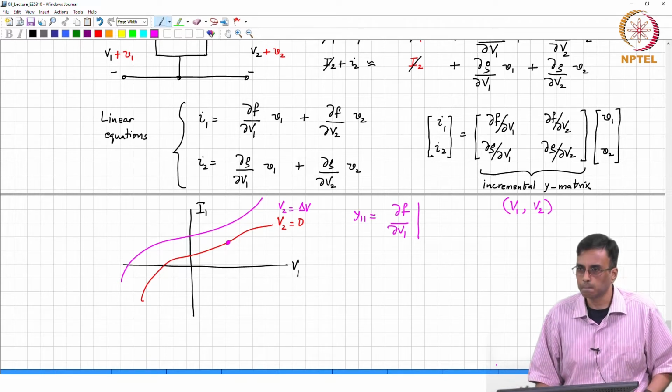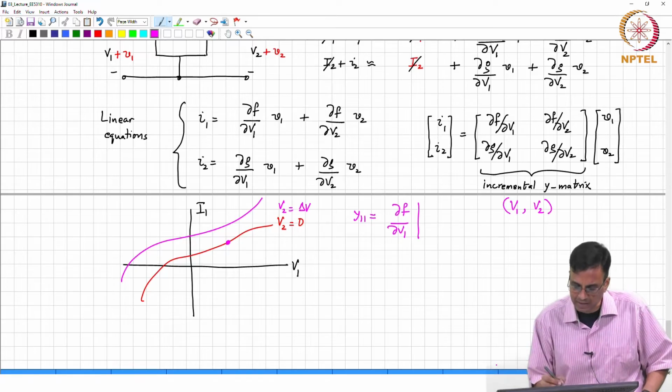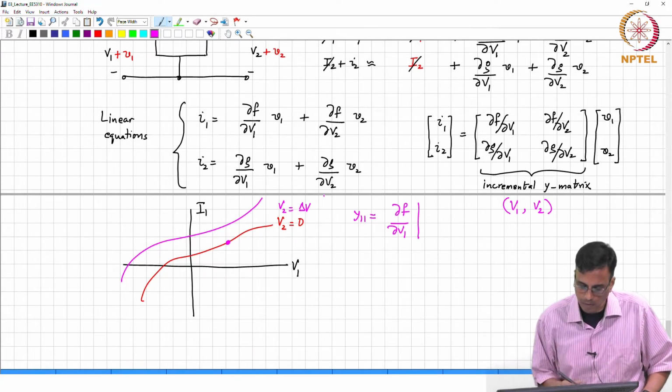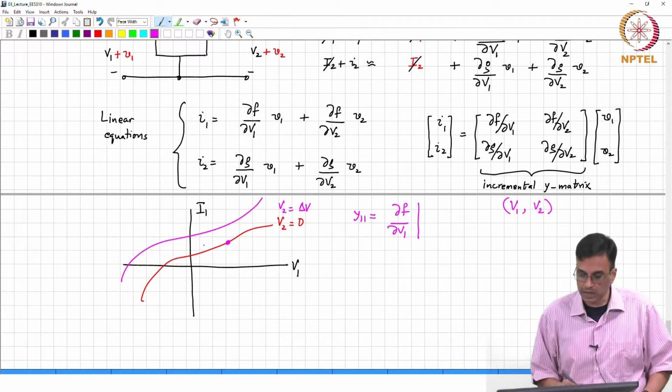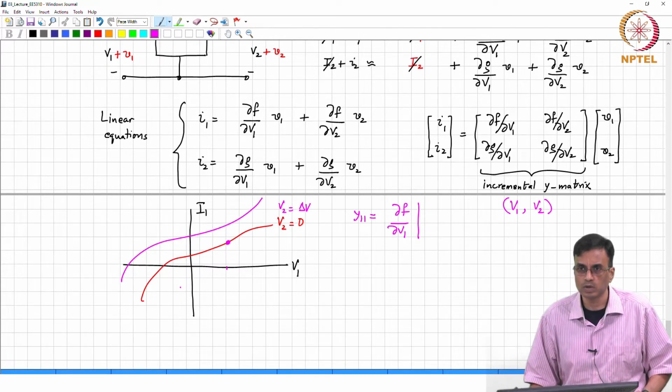Is this clear? Okay. Now, look at this picture, and let us assume that this delta V is very small. Tell me how I will find the y11 at that operating point. What should I do? Yeah. So, in that picture, what is y11?